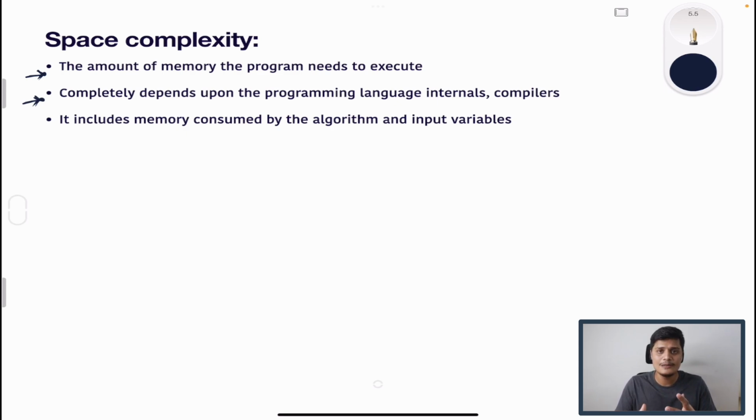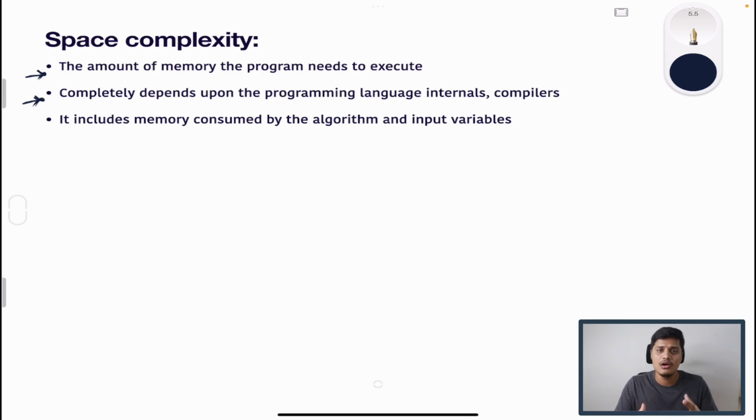For example, if I use Java for implementation, an integer might take 4 bytes of memory. For some other language, the integer value might be given 8 bytes of memory. So the most important thing to remember is that it is completely different for different compilers and the different programming languages that we implement in.